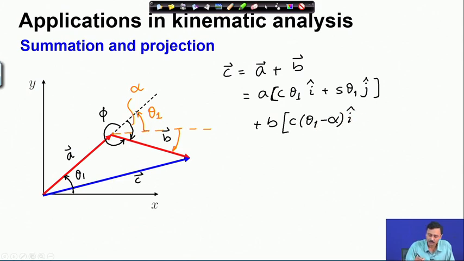So, theta 1 goes positive minus alpha i cap plus sine of theta 1 minus alpha j cap.